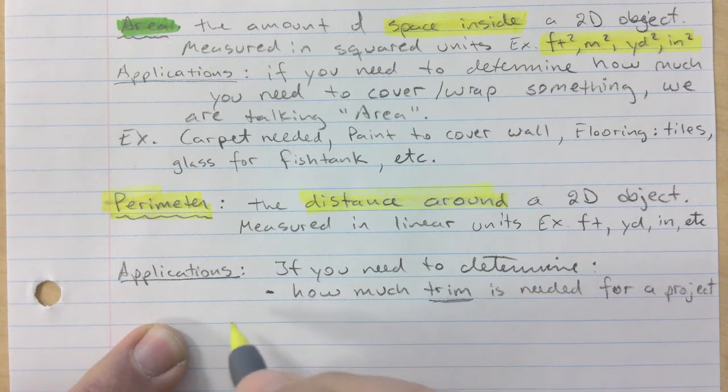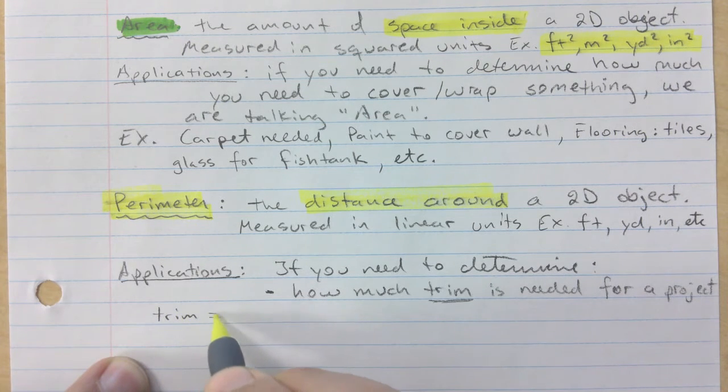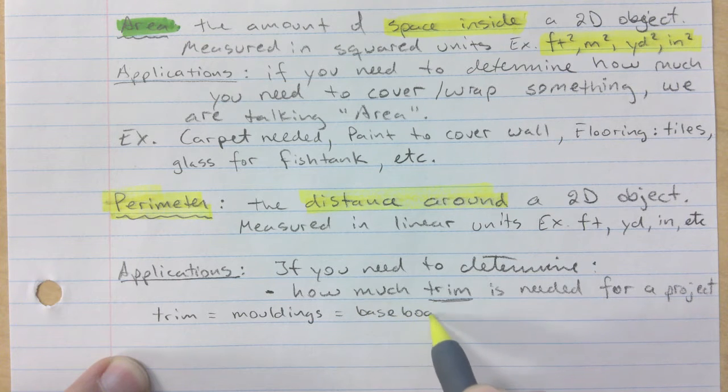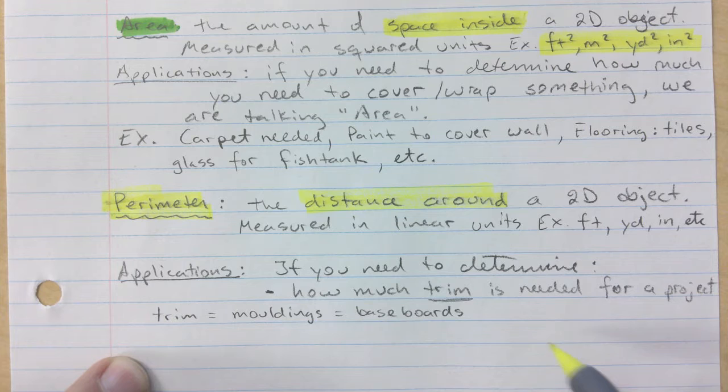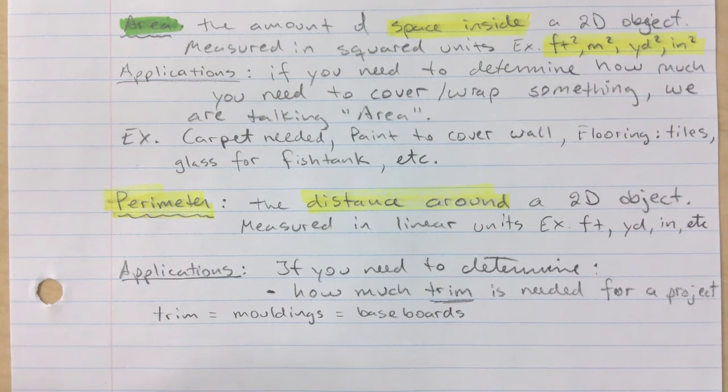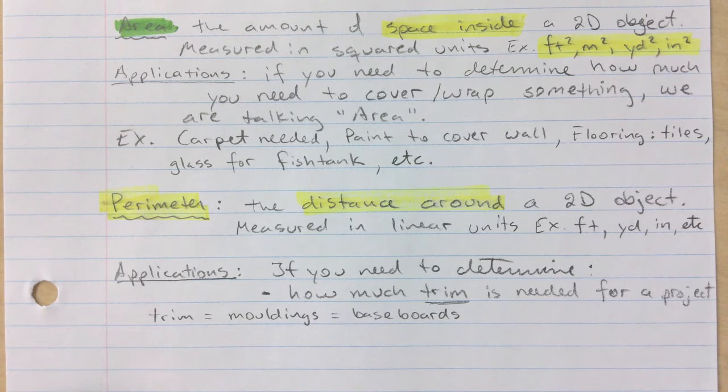Trim is the same thing as moldings. Is the same thing as sometimes baseboards. And it's basically what goes along the room, and it hides where the wall meets the floor because it's pretty ugly. Like the floor doesn't make it all the way to the wall. So if you look in my room right here, you have that gray stripe there, and so that is what you need to do there.